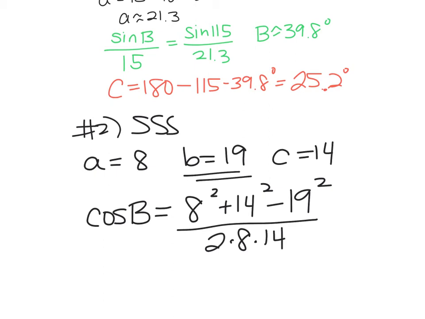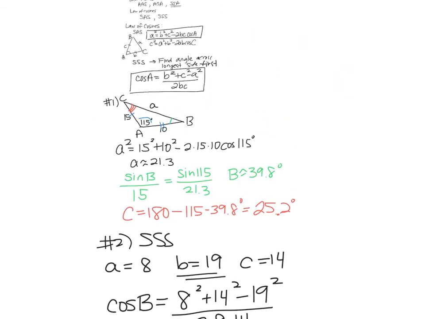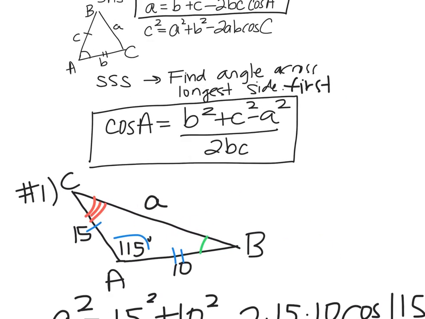Using the formula, that's where everything goes. If you go back to the formula real quick, if you're trying to solve for angle A, then the side across from it is the only place it goes. Everybody else falls in place there.